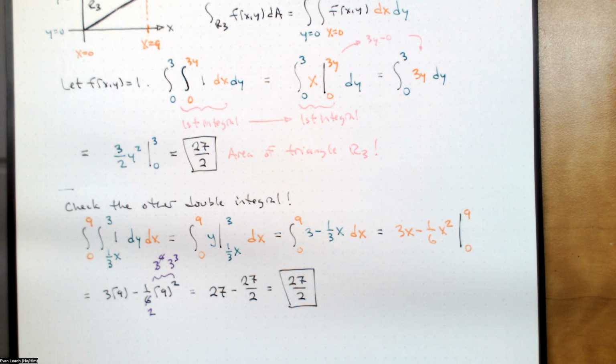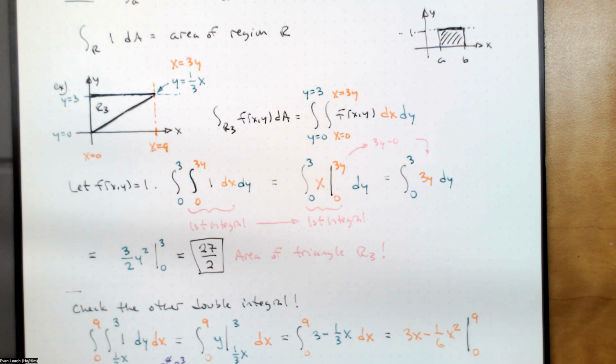So the point of this exercise was that integrating the function 1 gives you the size of the thing over which you are integrating. So if we go up one higher level and we integrate over a solid dV, a function of 3 variables, if we integrate the function 1 over a solid dV, that's going to give us the volume of the solid over which we are integrating.